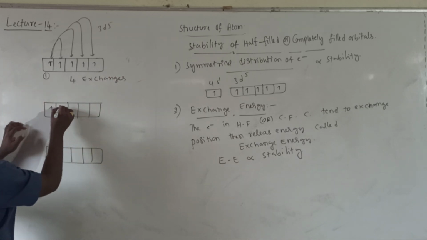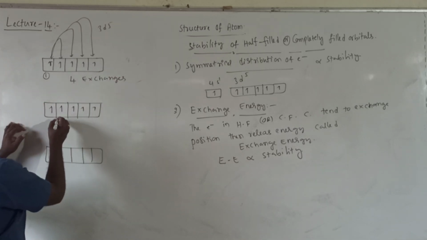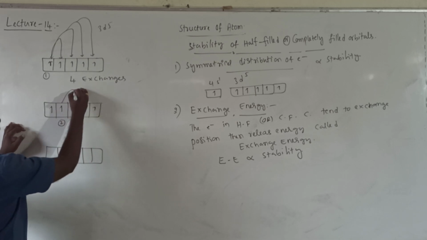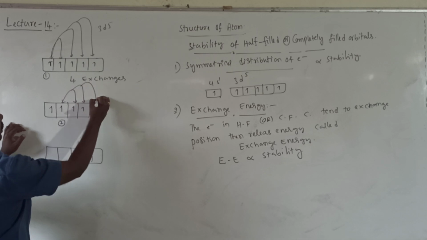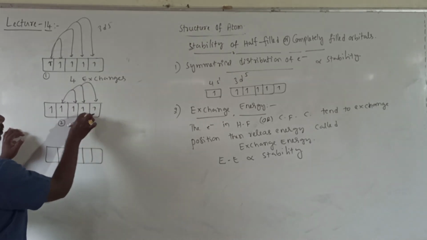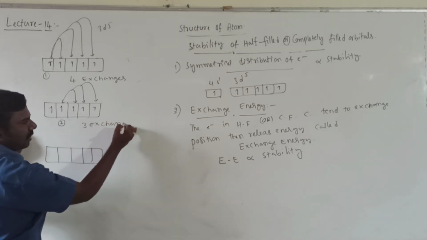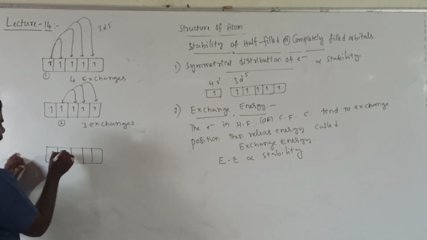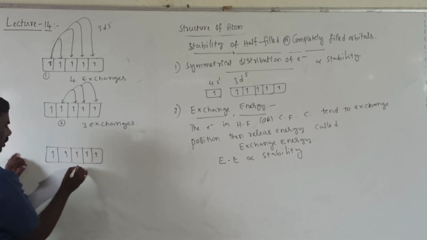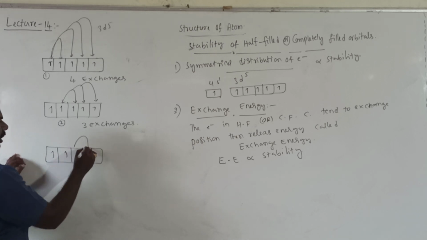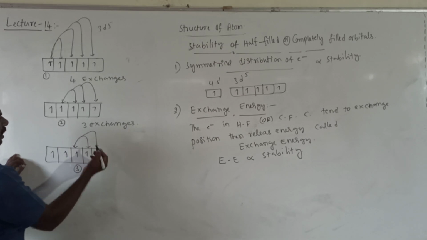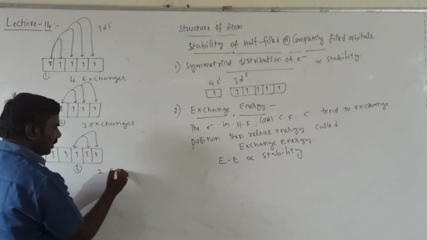Next, the second electron: here to here, here to here, and here to here. There are 3 exchanges. And next, the third electron: here to here, and here to here. There are 2 exchanges.